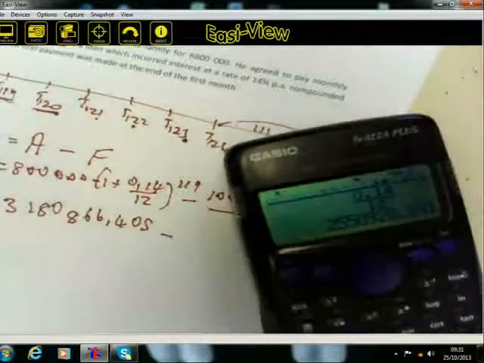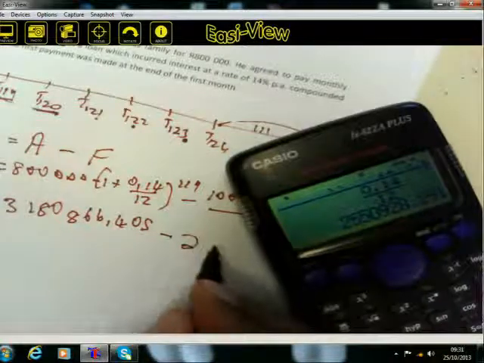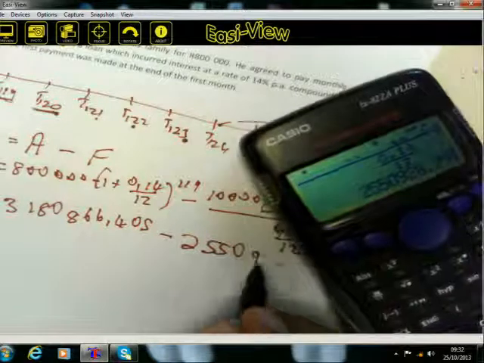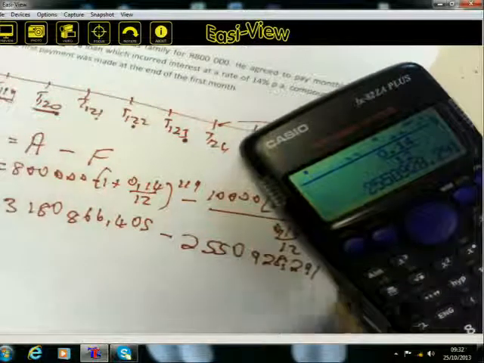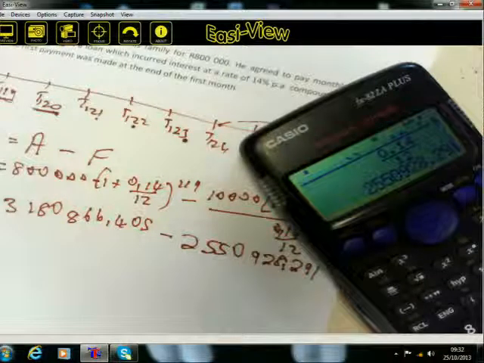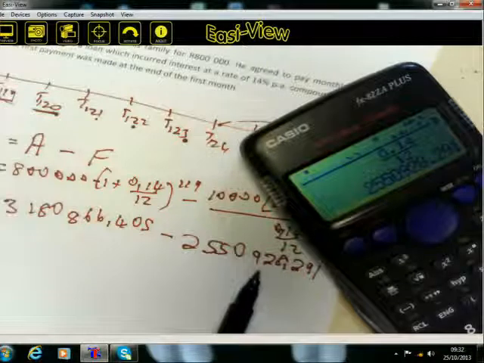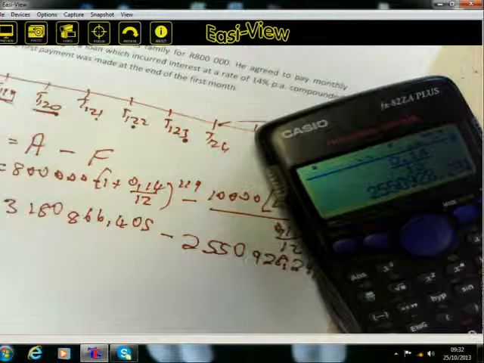You have 2,550,928 rand 29 cents. It means now the amount that he paid up to now is 2,550,928 rand 29 cents. That's correct.